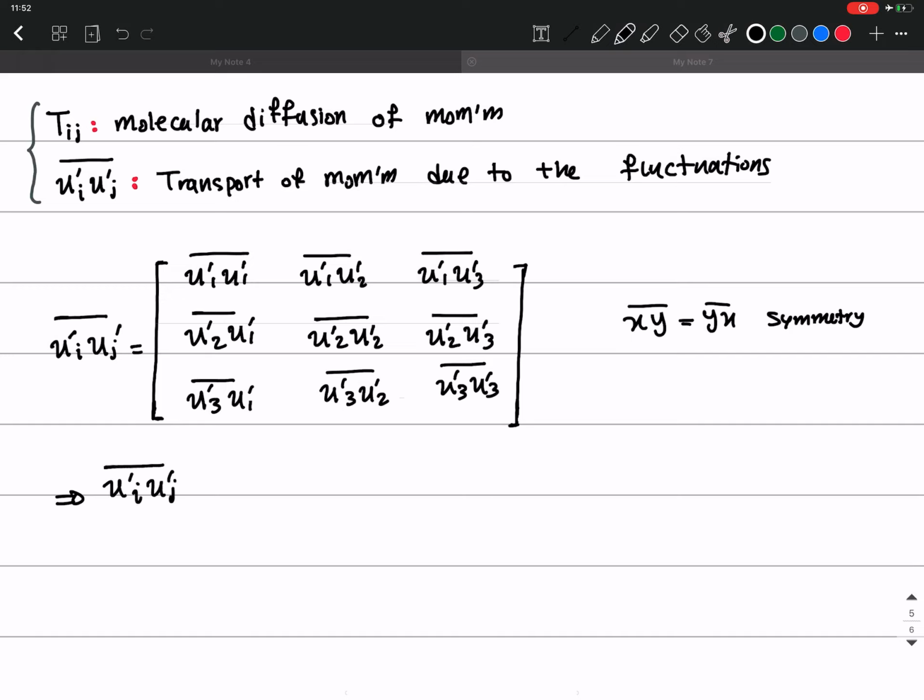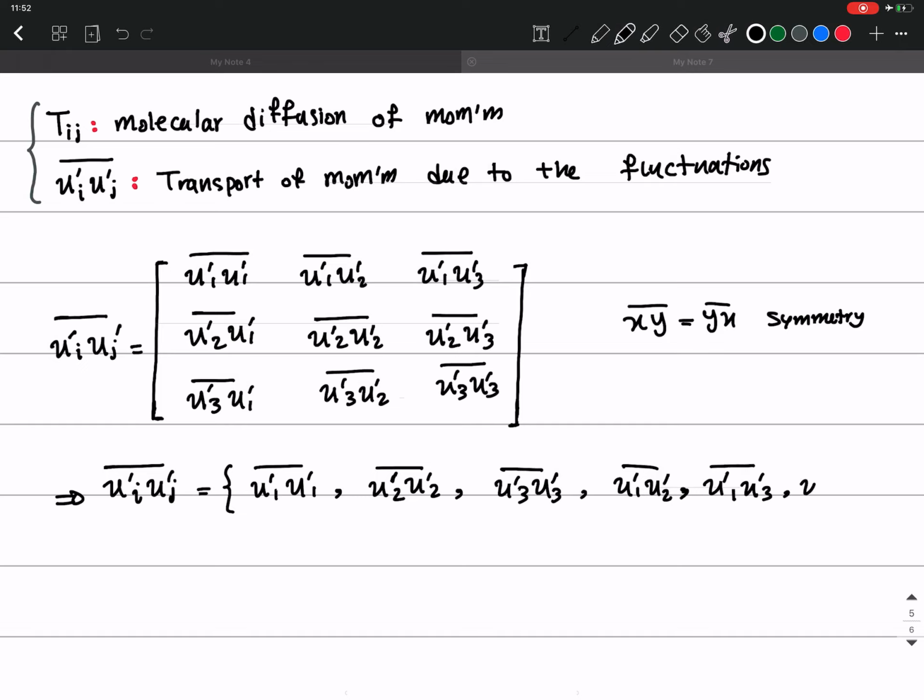If we know 6 components of that, which are u prime 1 u prime 1 bar, u prime 2 u prime 2 bar, u prime 3 u prime 3 bar, u prime 1 u prime 2 bar, u prime 1 u prime 3 bar, and u prime 2 u prime 3 bar, then the other 3 will be known because of this symmetry, okay?